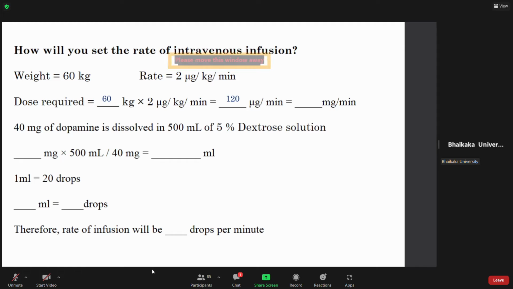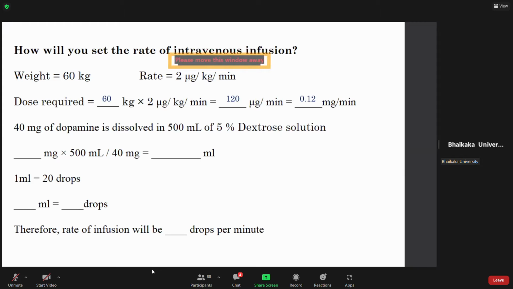If we convert this microgram to milligram, the answer will be, 120 microgram to milligram, 0.12 milligram per minute.